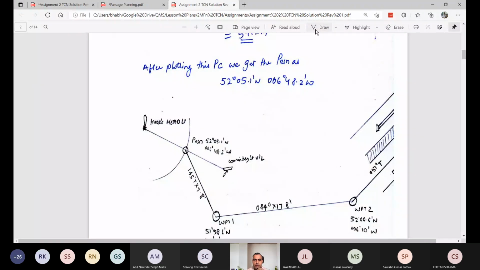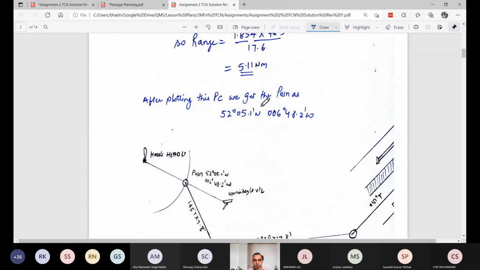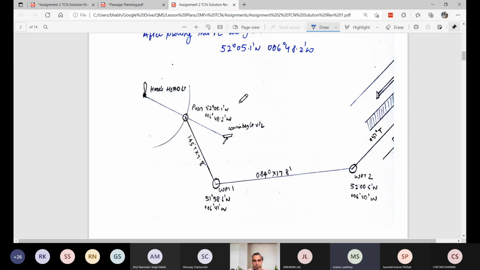So here we have it, beta. Now let me know what's the doubt. Sir, the doubt was that between the waypoints, we can take the course by parallel rule, but the distance we have to measure from the chart, or we have to calculate the distance by formula.